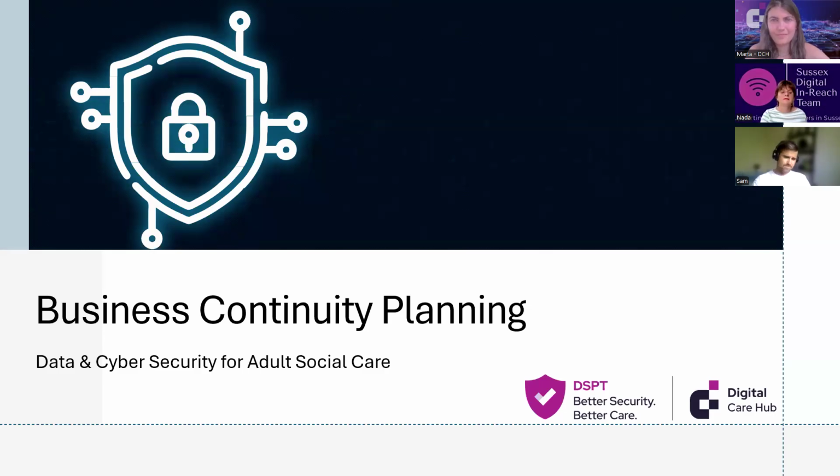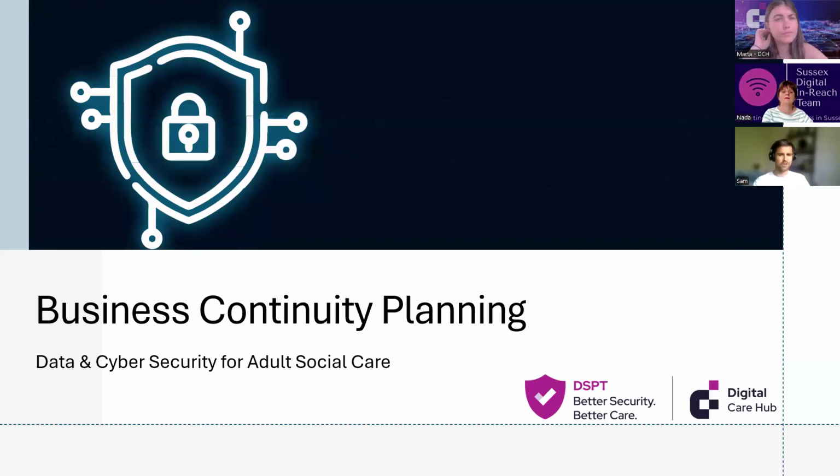So the session today is looking into business continuity planning, getting a business continuity plan in place. As part of the Data Security Protection Toolkit, you are expected to have a business continuity plan in place, what that means, and actually ensuring that it's not just something you're ticking a box to do. You've done it one time and you've forgotten about it.